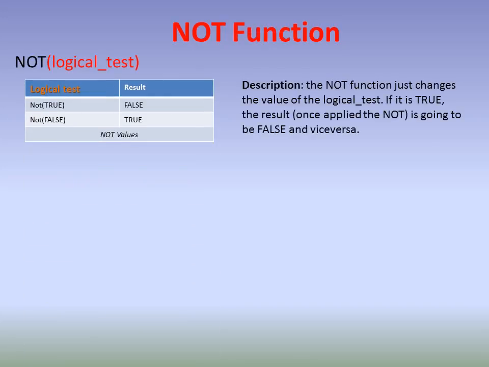And now the NOT function. The only thing that this function does is change the value of a logical test. So, if the value is true, the result, once you have applied the NOT function, is going to be false, and vice versa. Let's see some examples.